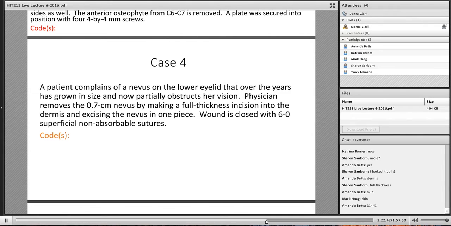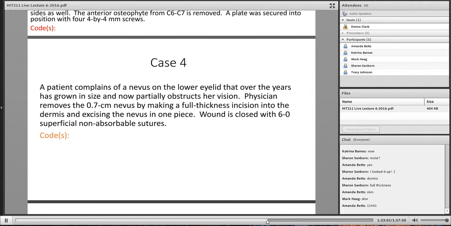So I went to excision lesion. 11441. And I went to excision lesion skin benign or excision skin lesion benign.